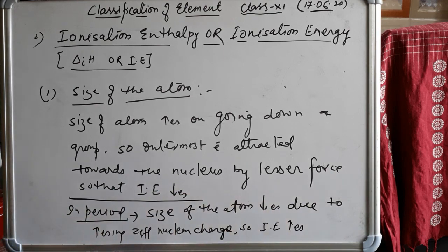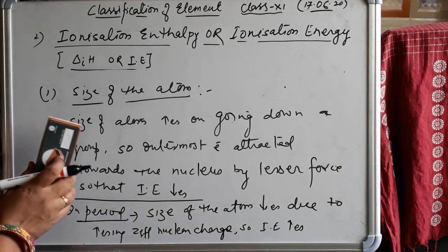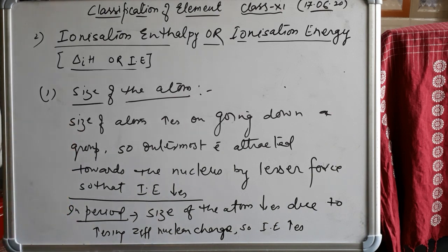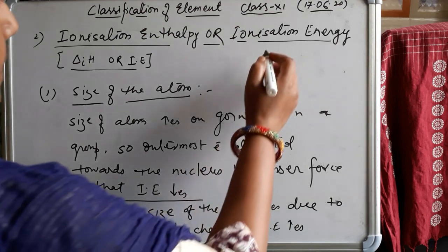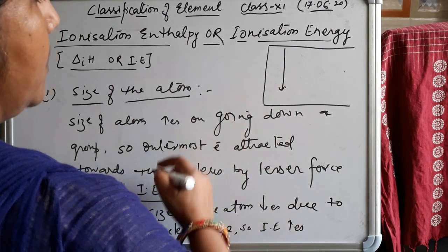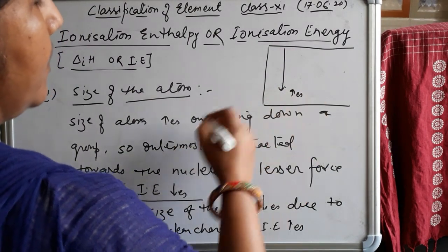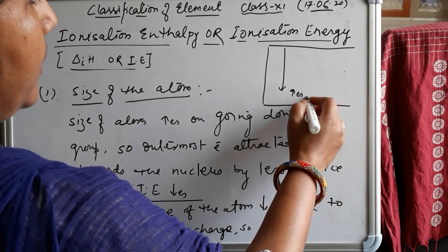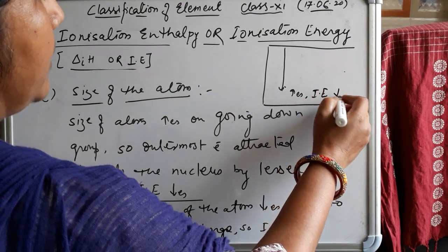In a nutshell, ionization enthalpy decreases in a group and increases in a period. In a group, as we move from top to bottom the number of shells increases and the size of the atom increases, so ionization enthalpy decreases.